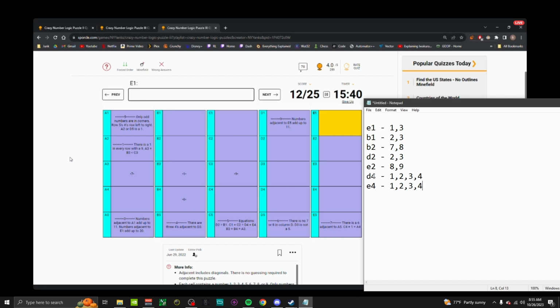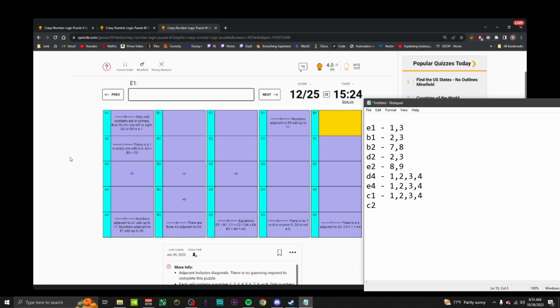Which means C1 and C2 are also 1, 2, 3, 4. Yep, that's what I thought.